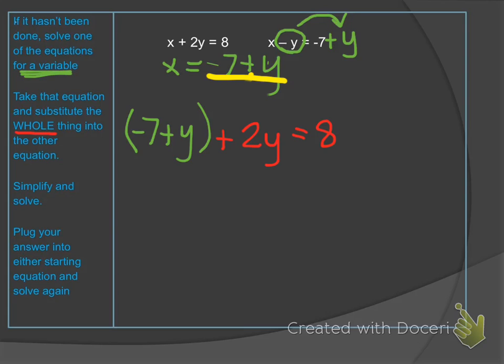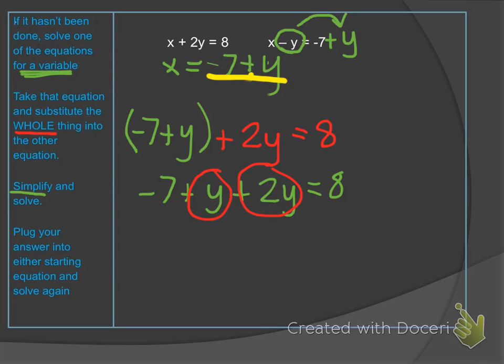Okay, now my next trick is to simplify and solve. Well, there's no distributing, so negative 7 plus y plus 2y equals 8. If I look, I can combine these two. So that gives me negative 7 plus 3y equals 8.